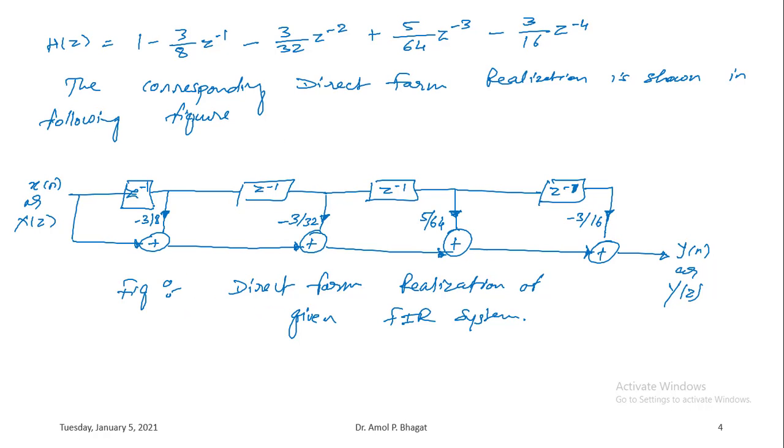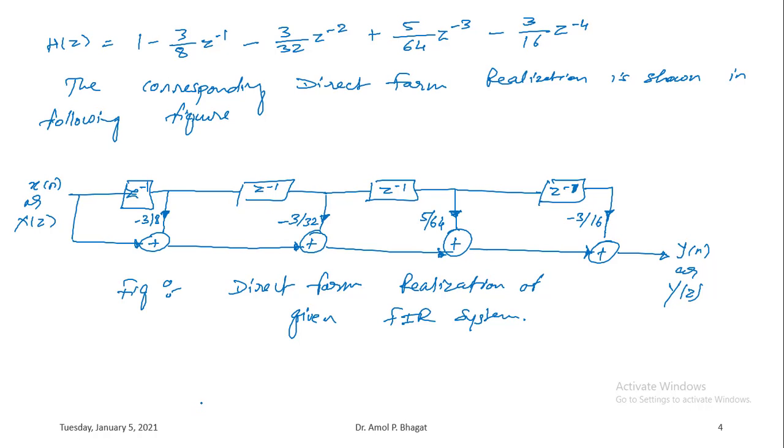So the structure can also be drawn in vertical manner, right? But for representing in a compact way, we have drawn it in horizontal form, or it can be drawn in vertical manner, right? Where you will be applying x of n or x of z as input, here 1 will be added, then you will be using a delay element here, then the delay element will be again added with this, again another delay element will be there, constant multiplier minus 3 by 8 will be there.